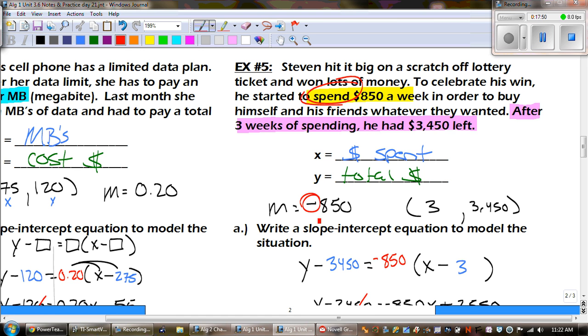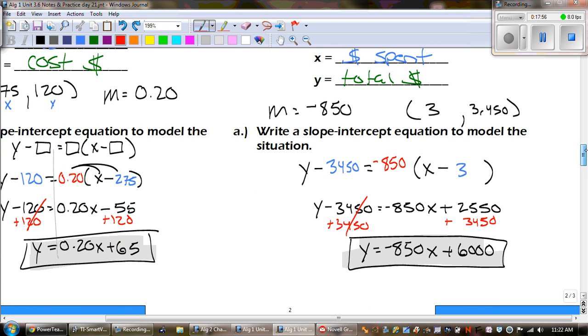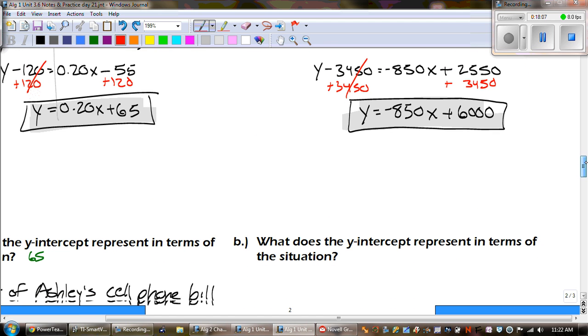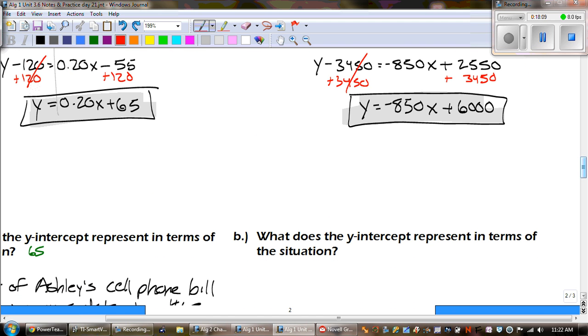Yeah, that's his slope. It's a negative $850. So there's my equation, y minus 3,450 equals negative 850, parentheses x minus 3. And when you distribute and solve for y, we get y equals negative 850x plus 6,000.